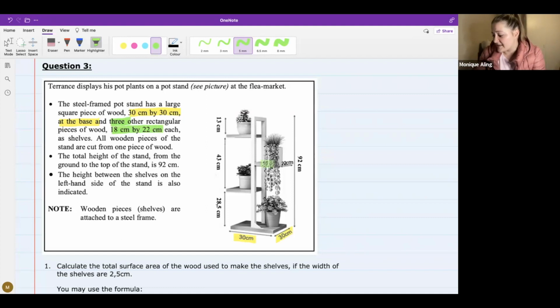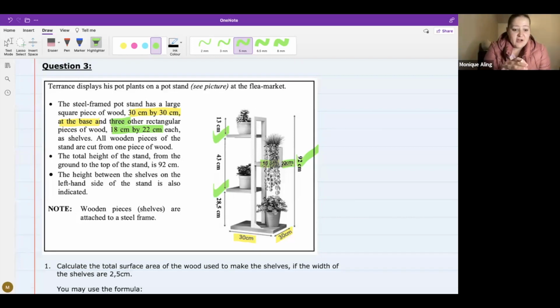So it's quite hard to see it, but it is labeled on the picture here. So that's why sometimes they give it to you in the question as well as the picture. So all the other 3, so it's this piece over here, this piece over here, and this piece over there, all are 18 centimeters by 22 centimeters each.